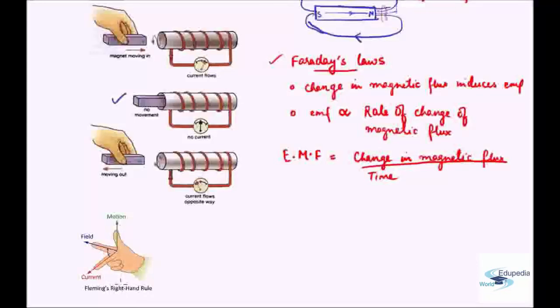In this, you spread three fingers of the right hand perpendicular to each other. Under such circumstances, if the direction of magnetic field is given by the fourth finger, and the direction of motion of the conductor by the thumb, then the direction of the middle finger will give the direction in which the current will flow through the circuit.